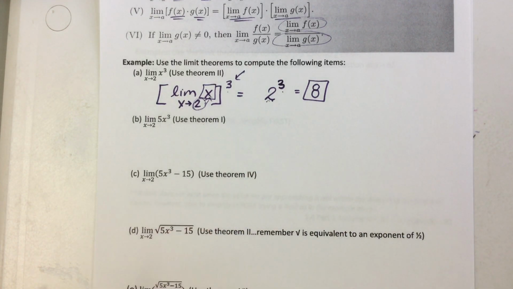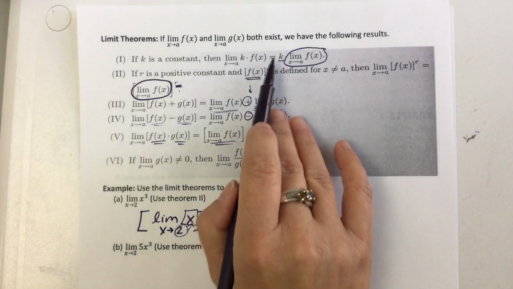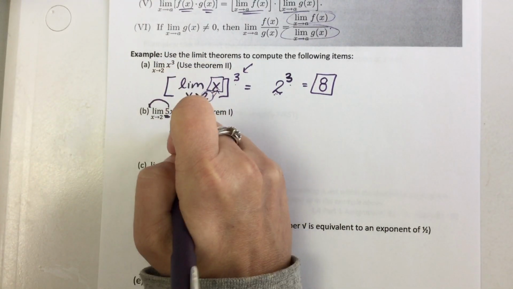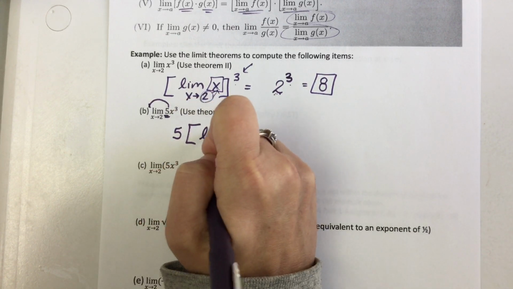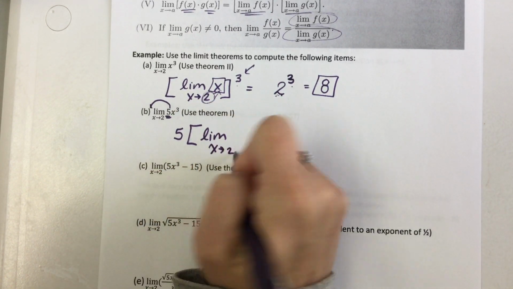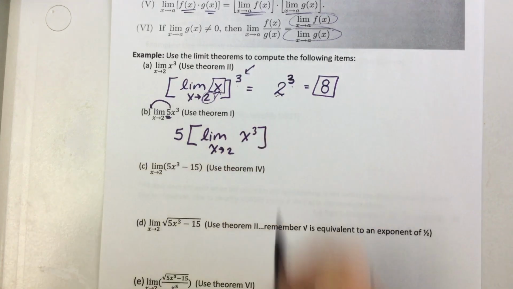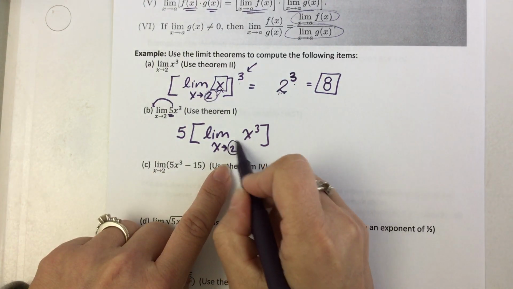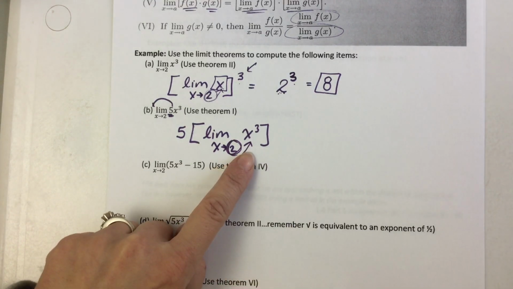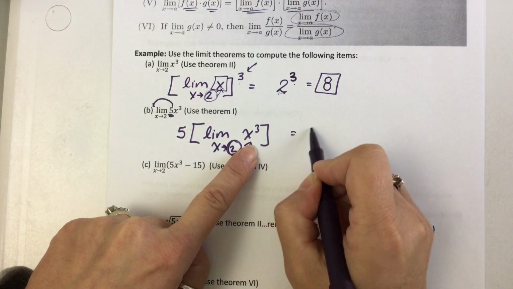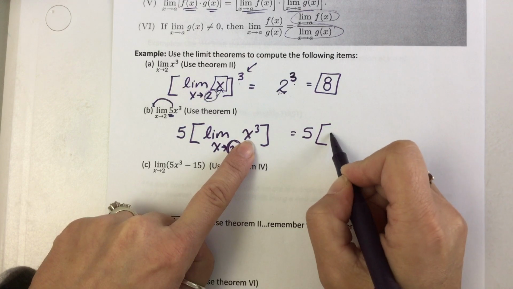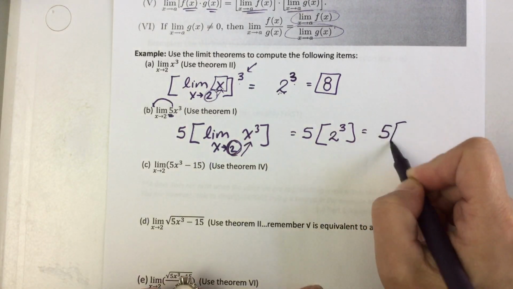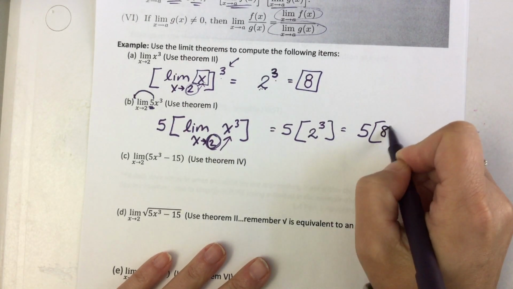Theorem number 1 says if you have a constant, bring it out front. Here is the constant, so I can take 5 times the limit as x approaches 2 of x cubed. Again, I can take the 2 and just fill it in. 5 is on the outside, 2 replaces the x to the power of 3, and 2 to the power of 3 is 8.